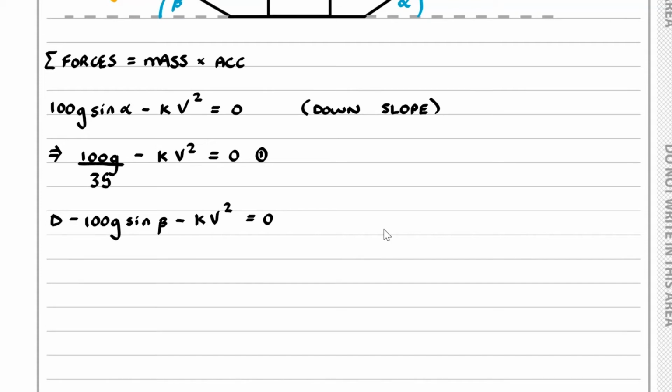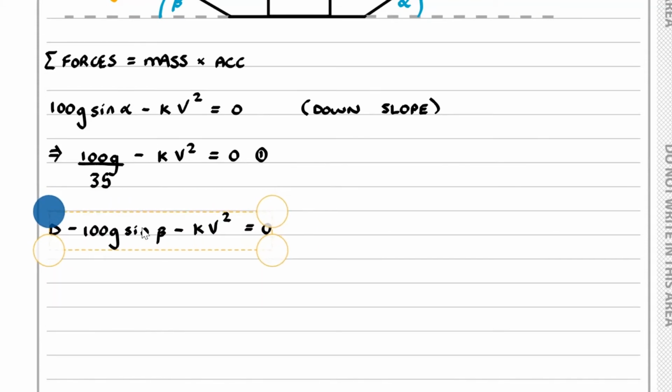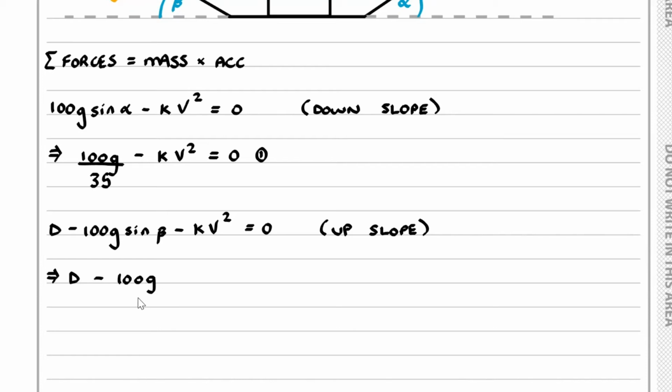And what we have here is the situation for going up the slope. Knowing that sine beta is equal to 1 over 70, we've got D minus 100g over 70 minus kV squared equals 0.